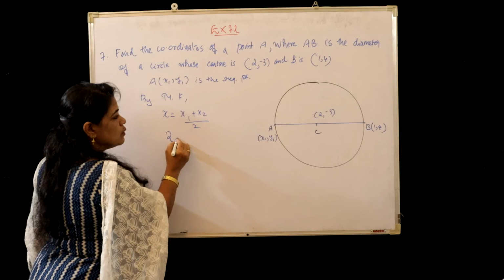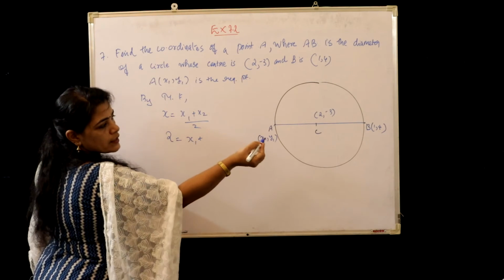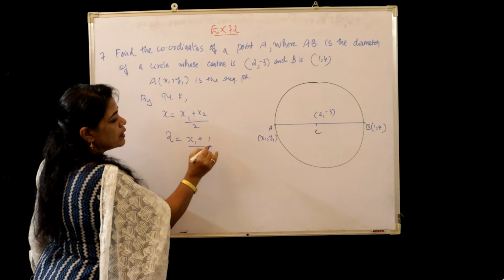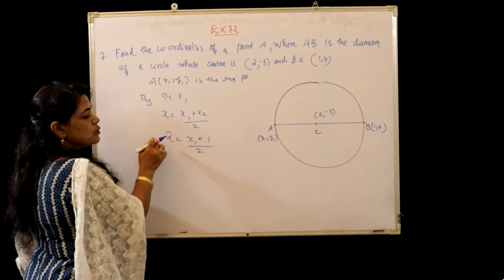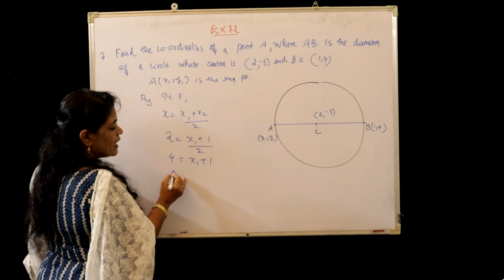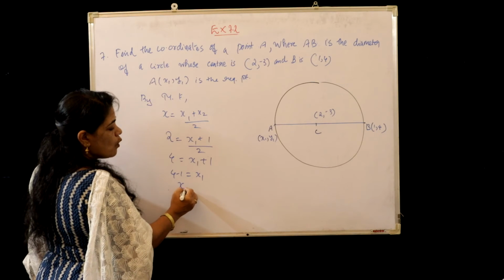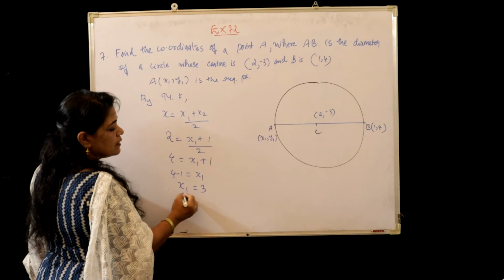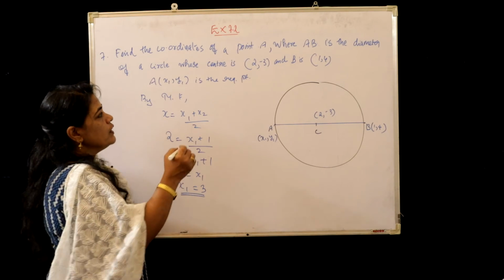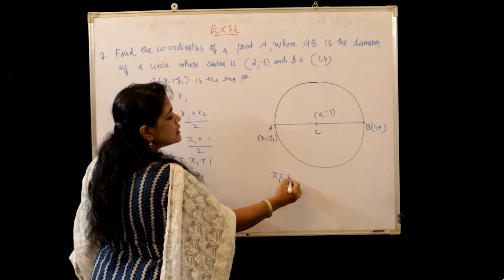So 2 is equal to (x1, the required point, plus x2, that is 1) divided by 2. So you can take this 2 to this side. So 4 is equal to x1 plus 1, and 1 can be taken to this side. So 4 minus 1 is equal to x1, or x1 is equal to 3.